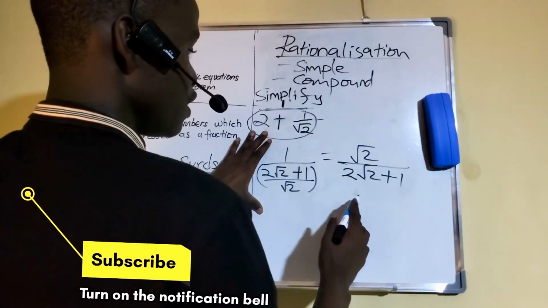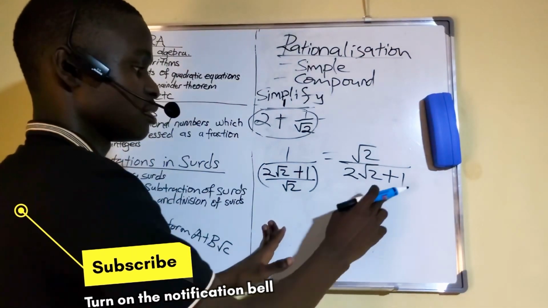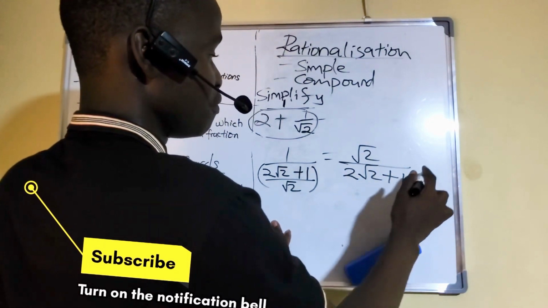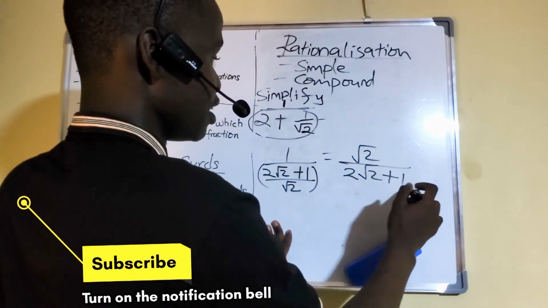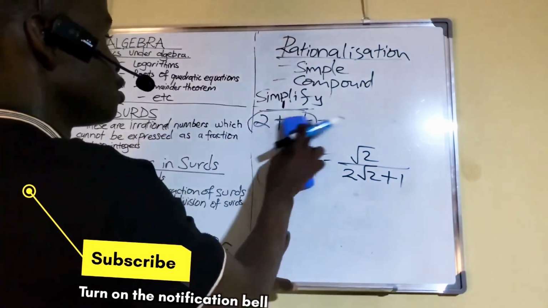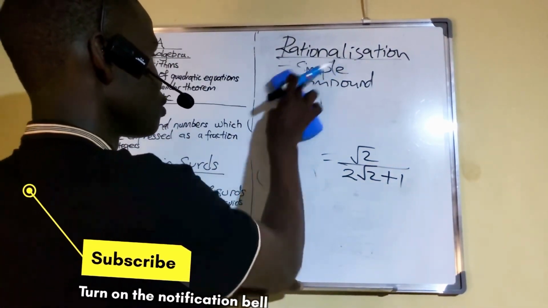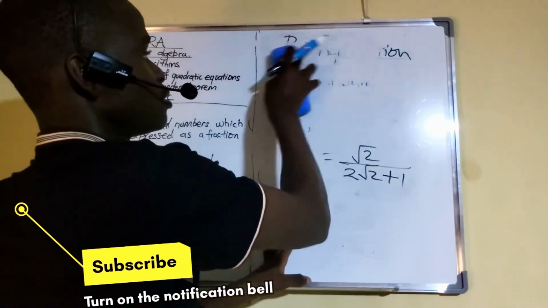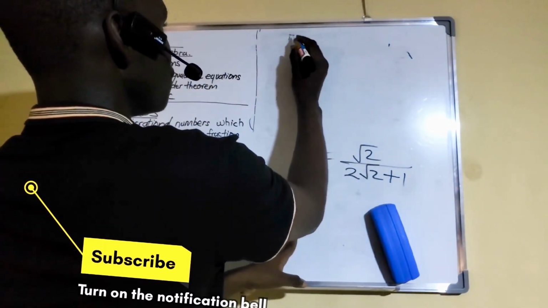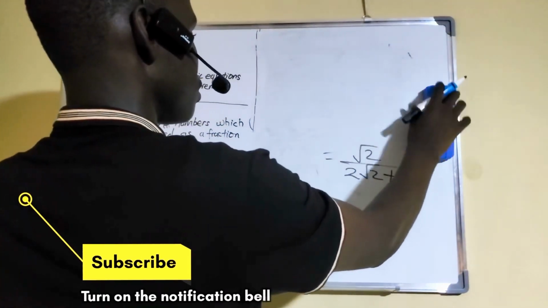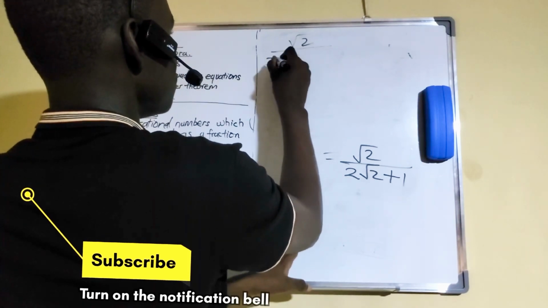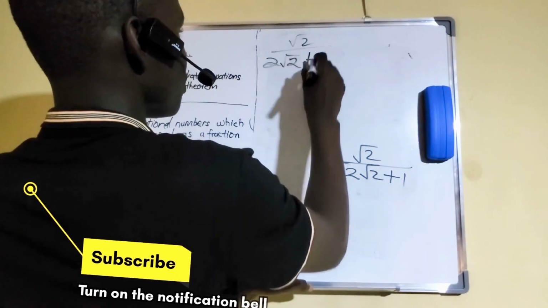I can further simplify. Remember when we talked about getting the conjugate of this by just changing the sign here, putting a negative, multiply this same thing with a negative instead of a positive, up and down. It's what I'm going to do. So I have root 2 over 2 root 2 then plus 1.